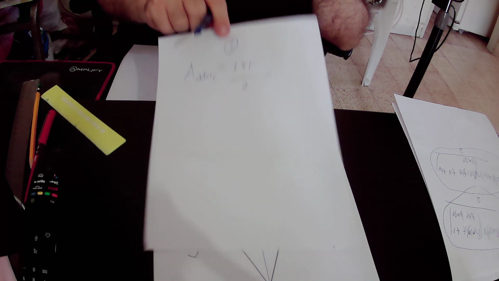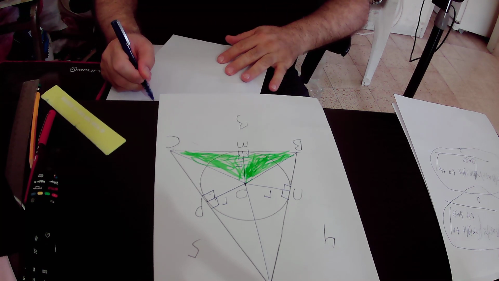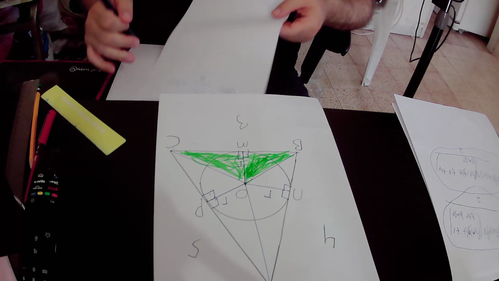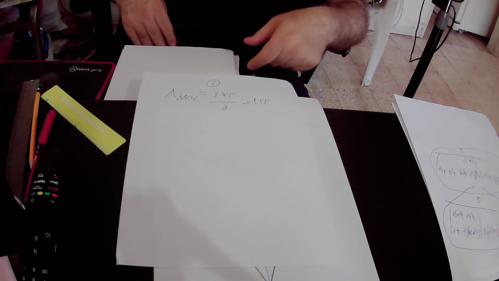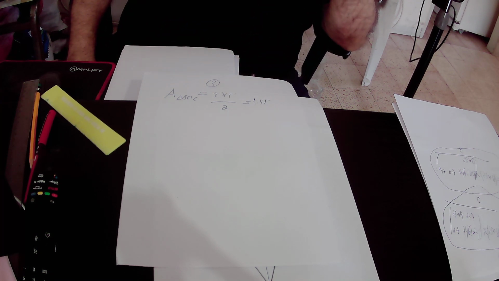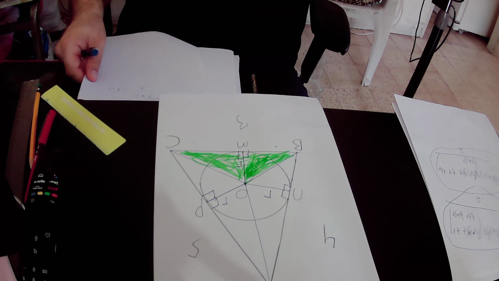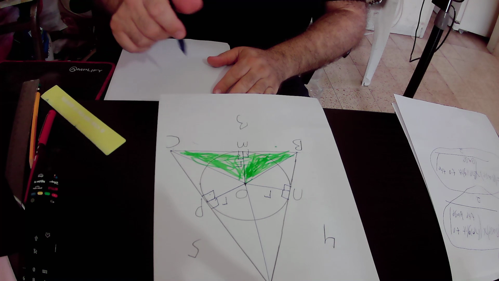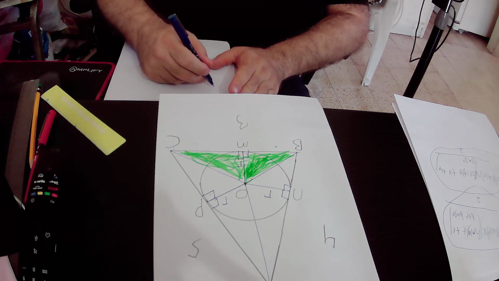So I will write it down. So the area of the green triangle equals 1.5 times the radius of the circle. And actually, in the same way, we can find the area of triangle AOC.